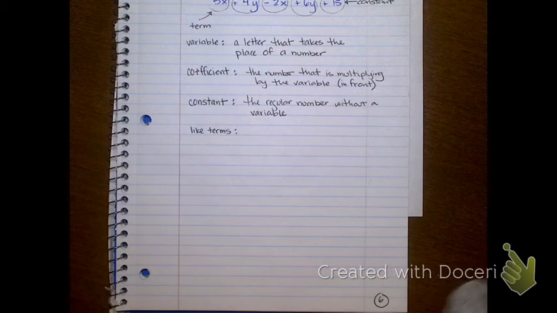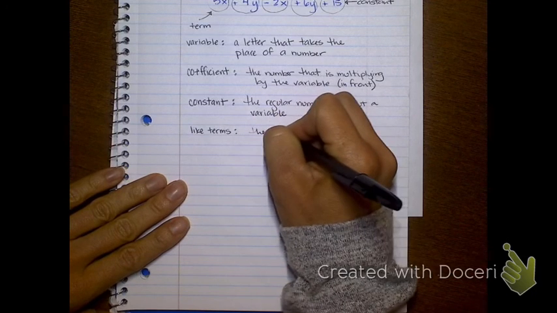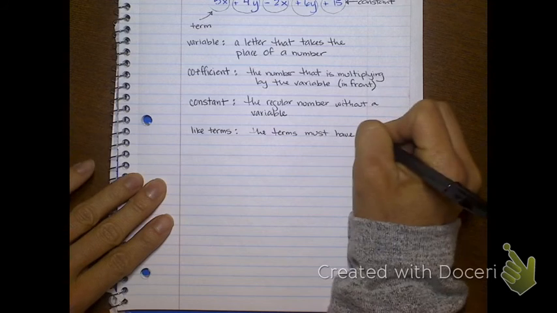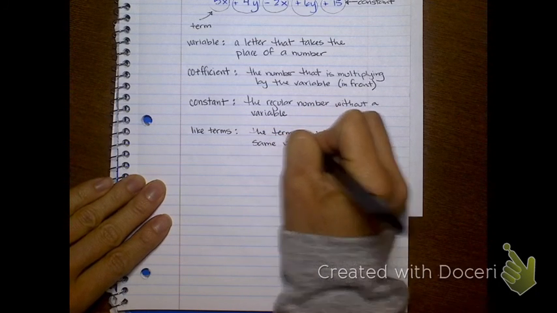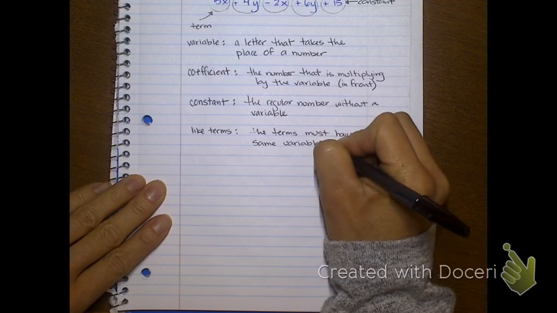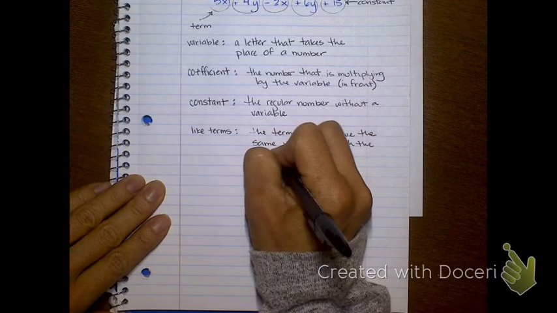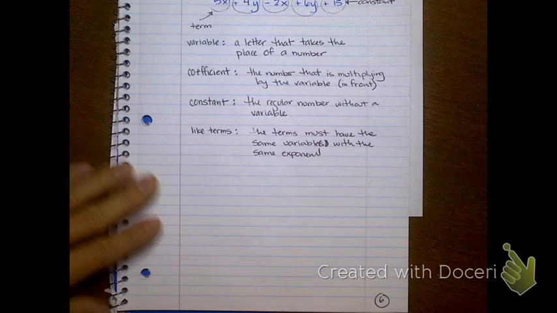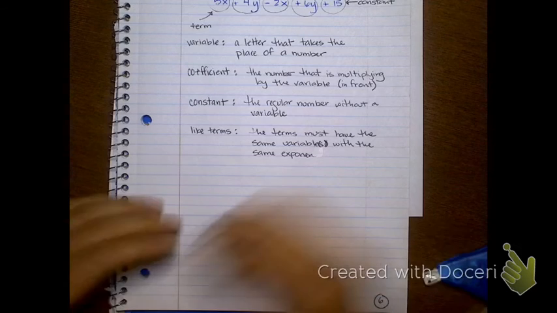So, in order to be considered like terms, the terms must have the same variable or variables, if they have multiple, with the same exponent. And so in some cases, that means they're the same if they both have no variable, right?